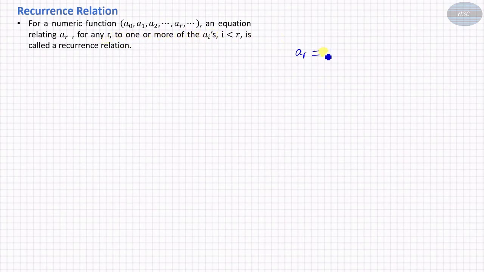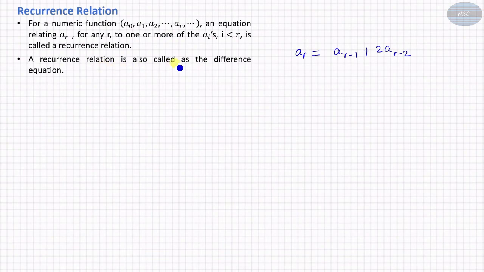On the right hand side we will write one or more ai's where i is less than r. So we can write it like this: ar minus 1, where this is i which is less than r, plus 2ar minus 2. So this is an example of a recurrence relation. This is what the definition says.